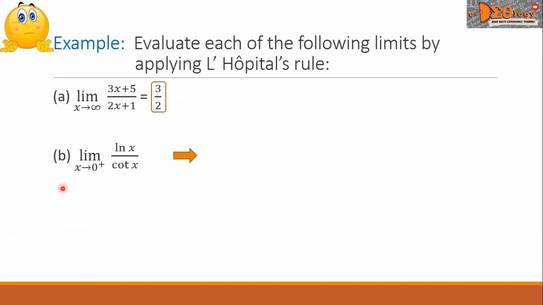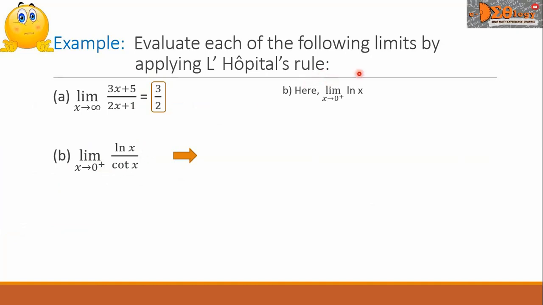Let us solve problem B. The limit of ln x over cotangent x as x approaches 0 from the right. So this is a right-handed limit. Let us analyze the limit of the numerator.